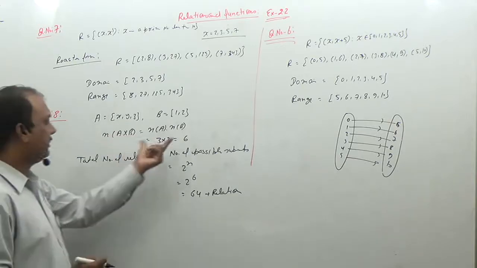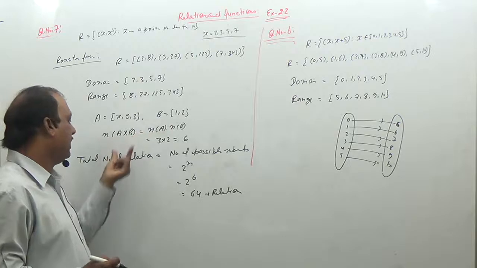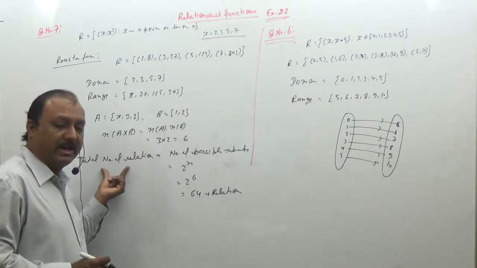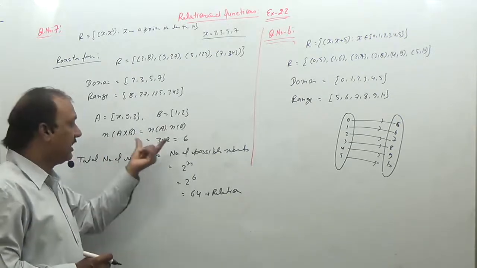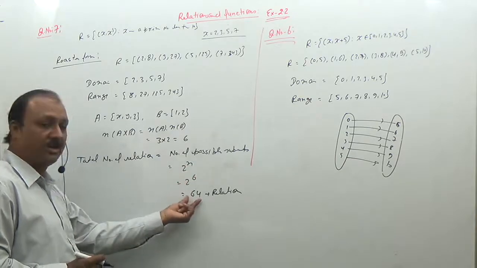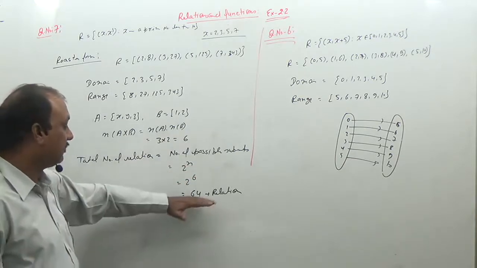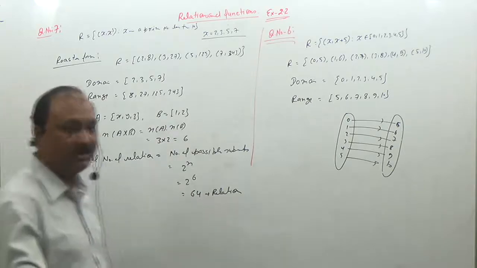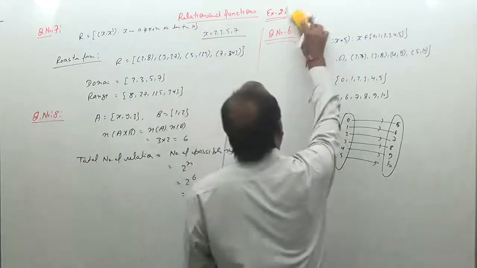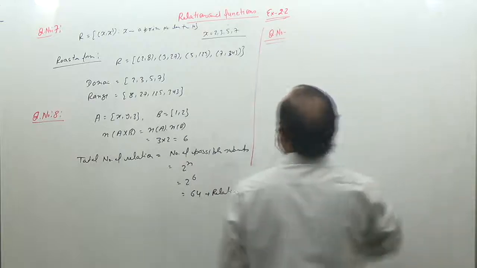We know that there are 6 ordered pairs, or 6 elements, in A cross B, and R is a subset of A cross B. So there are total possible subsets 2 raised to the power 6, 64. So as many subsets as are possible, that many relations are possible. So there are 2 raised to the power 6 possible relations in A cross B, in question number 8.